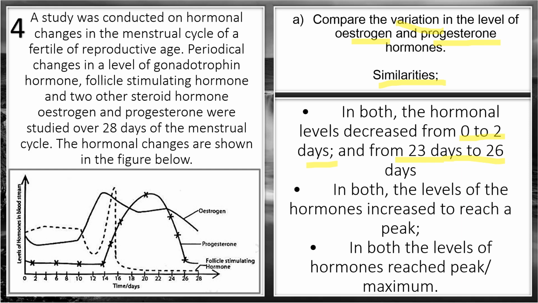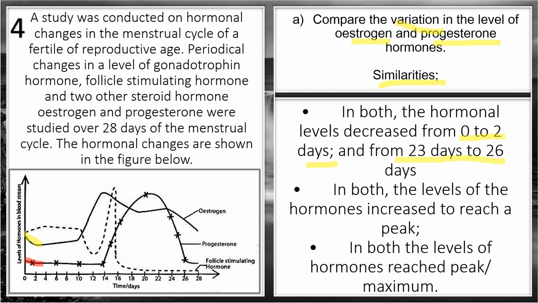Estrogen is this one. From the first to the second day, there was a reduction. And when you look at progesterone, from the first to the second day, it was also decreasing. So both of them were decreasing during that period.